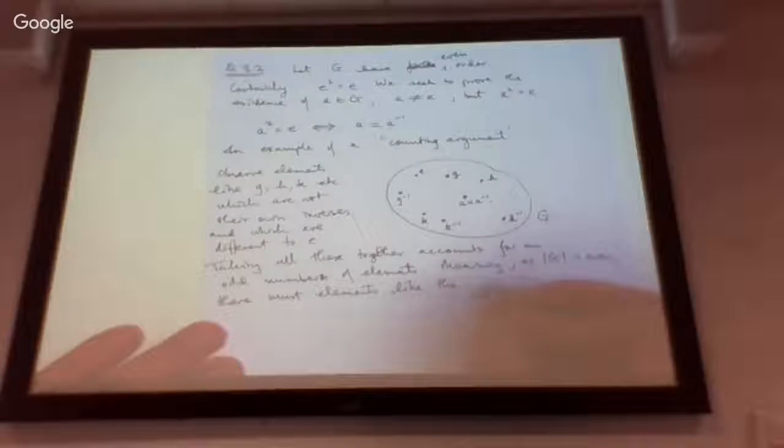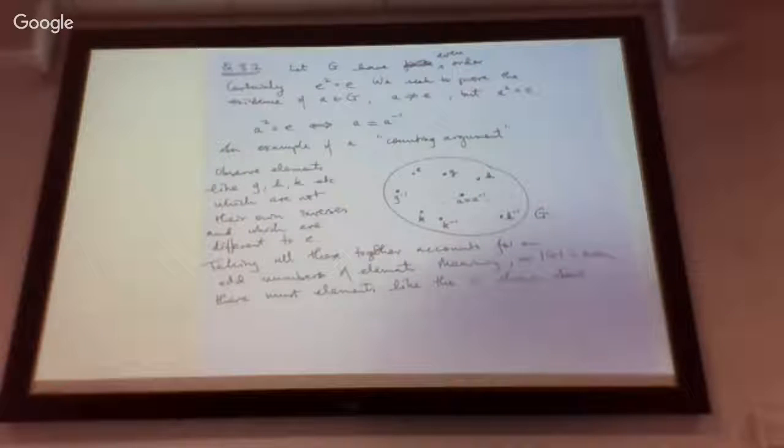Like the element A shown above. This A, which is not the identity, but is self-inverse. So this kind of thing, you can see it's a kind of neat idea. We haven't built the argument up out of lots of equations, or used induction, although maybe there's kind of an inductive argument hiding here.